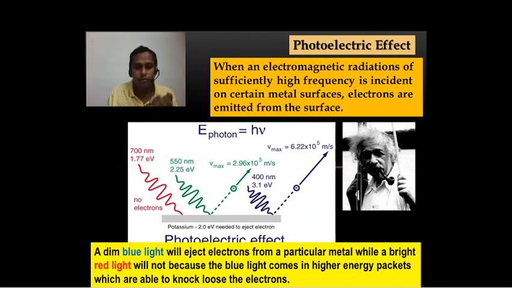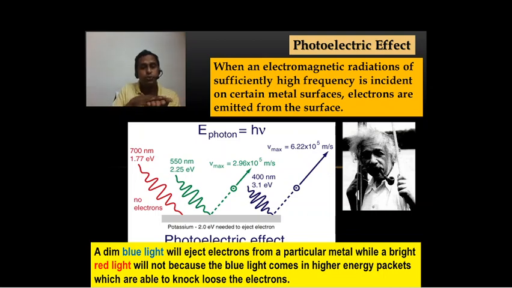Now, this one is a potassium metal and it has a work function of 2 electron volt. Just look at this figure. Suppose this is a potassium metal surface. I will tell you what we mean by work function.